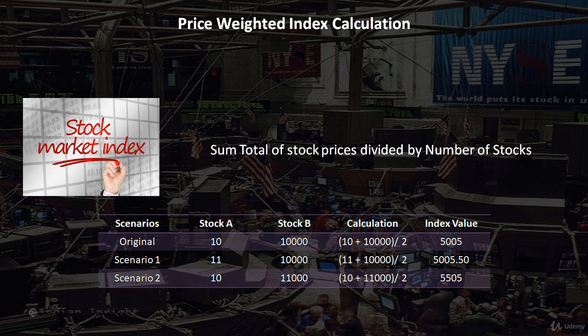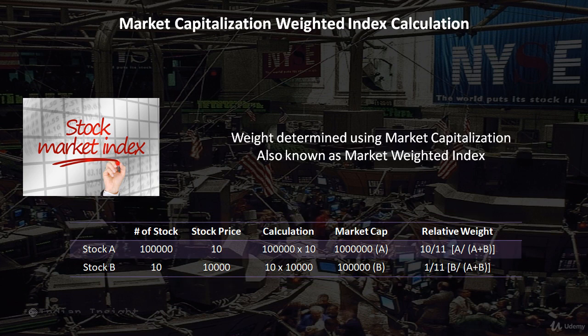In order to avoid this, indices are often calculated using the capitalization weighted method. A capitalization weighted index is also known as market weighted index. In case of capitalization weighted index, the market cap of the stock is used to determine the weight of each stock in the index.